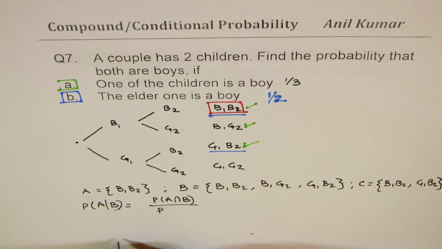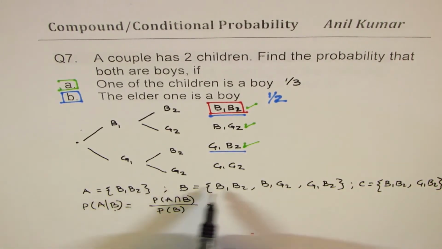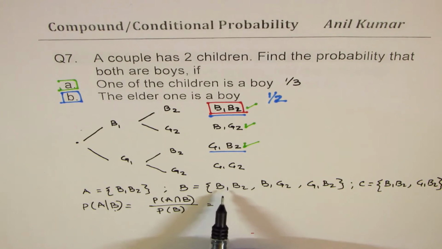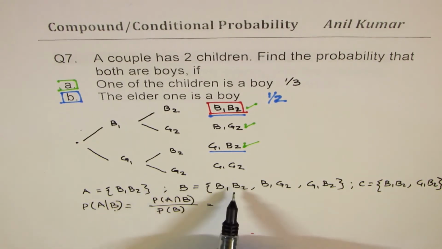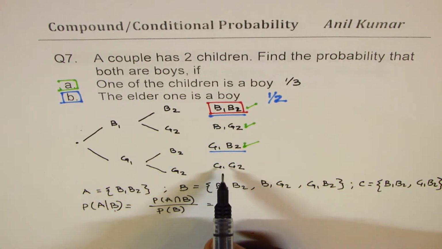So in this particular case, probability of A and B. Out of these two, what is common? Only one is common. So probability of A and B is 1 out of 4, where there are 4 conditions.